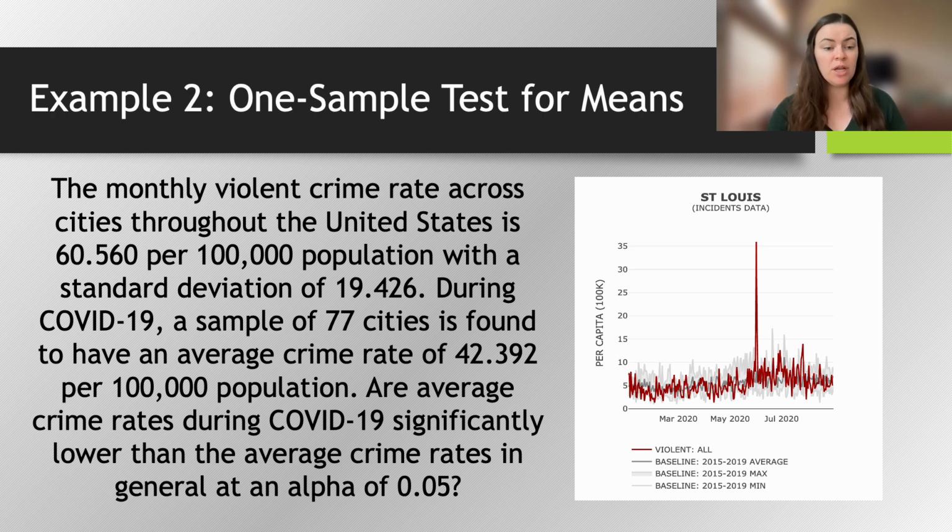Are average crime rates during COVID-19 significantly lower than the average crime rates in general at an alpha level of 0.05? As we know, there's a lot of information that we can pull from this problem that we will need later on to answer this question. And so we'll revisit this in just a little bit.